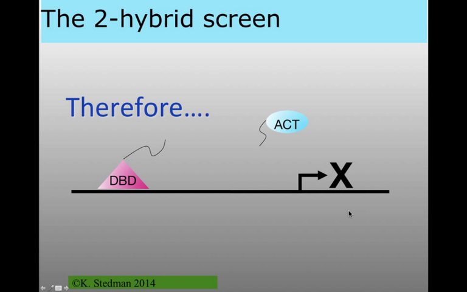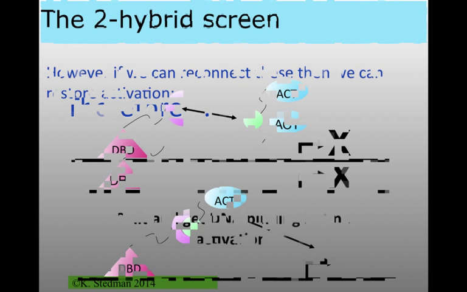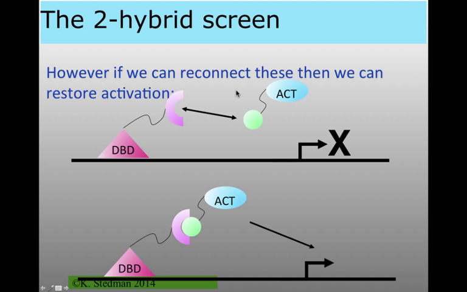So just as a model of this, here you can have a DNA binding domain. Here's your activation domain. If they're not attached to each other, then you don't have transcriptional activation. So that's what you see. However, if you can somehow stick these two things together, which you can do through two different proteins, now these could be completely different domains. We've got our semicircle domain here and our globular domain or spherical domain here.